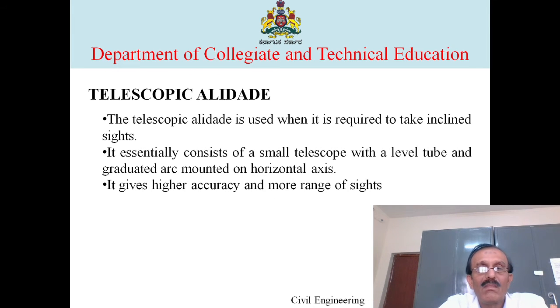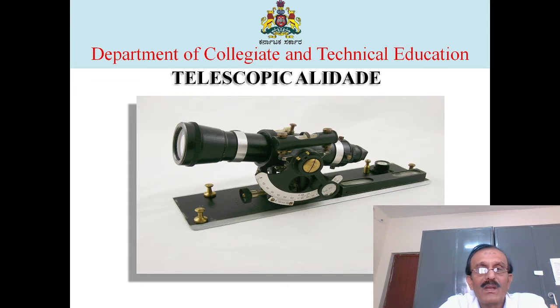The telescopic alidade is pictorially presented here. On one side you have the eyepiece and on the other side you have the objective lens. It is basically an optical based instrument. At the top you have the spirit level which can be used to get the horizontal line of sight.